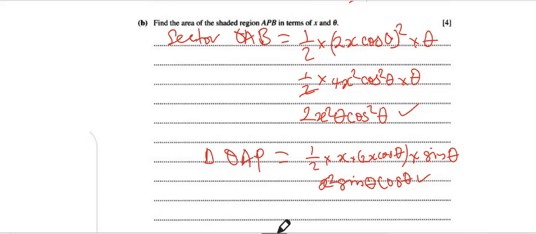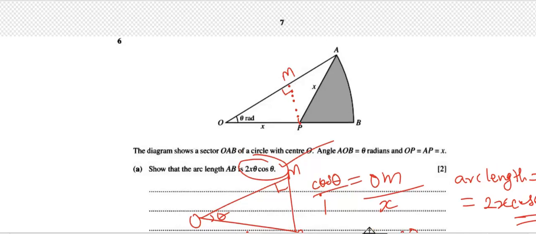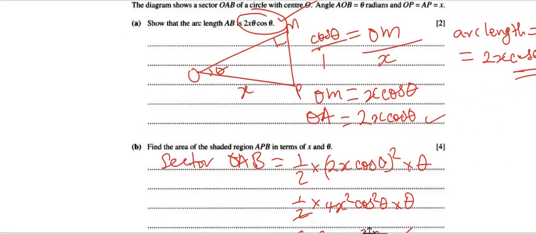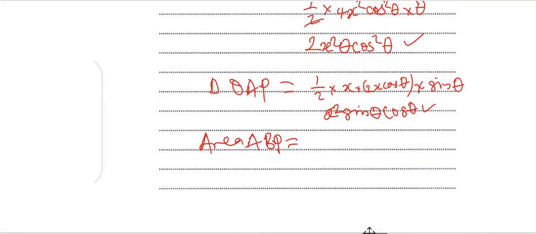Correct. So we can now look at the area of ABP, which is the shaded region that is required.